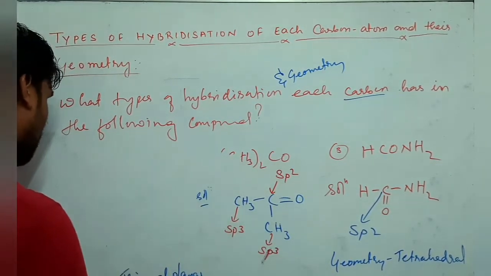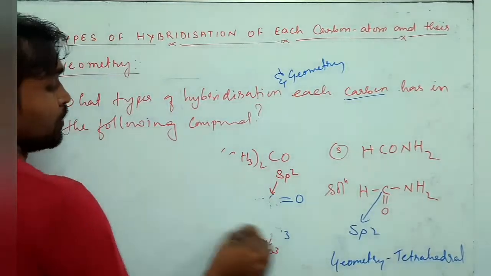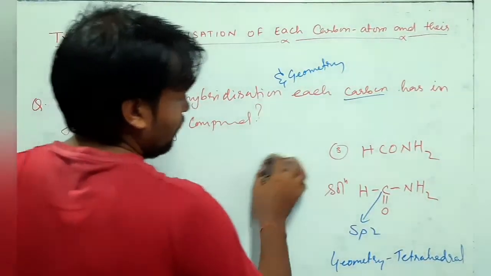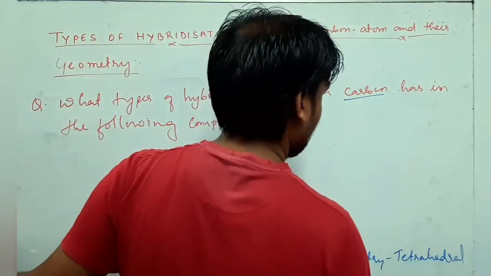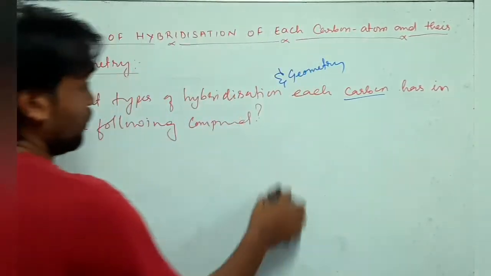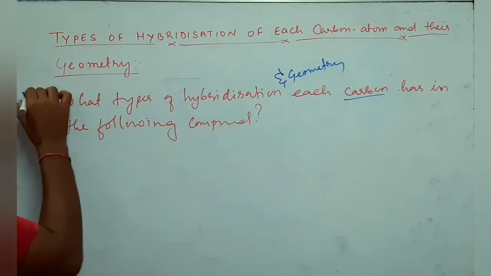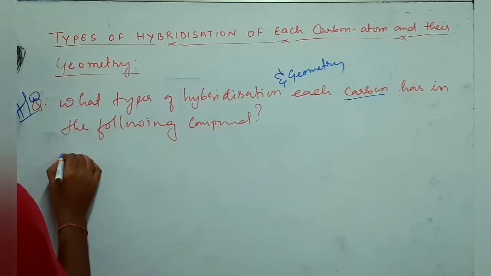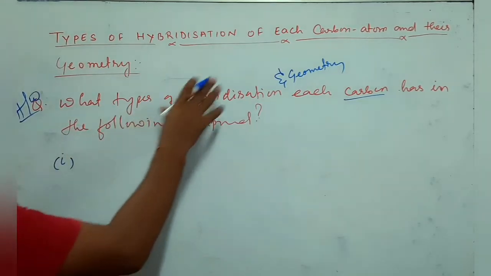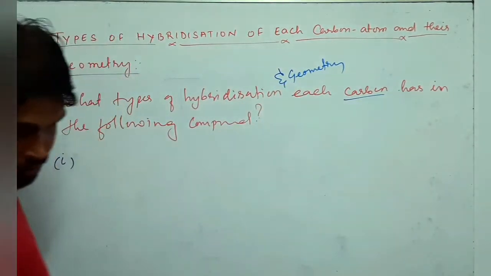Now the homework questions: all of you will be trying them at home and you will check how much you have understood. So this is your homework. Question number 1 is the same type: you have to find the type of hybridization, and then find the geometry.